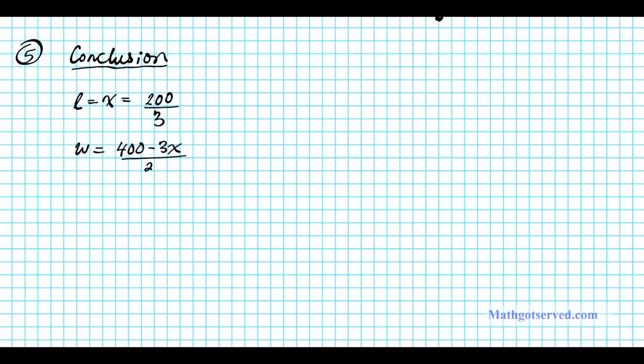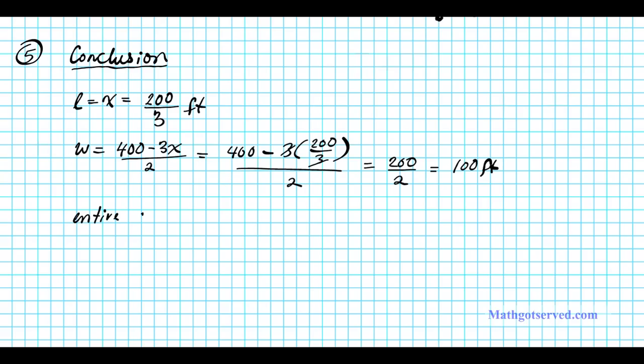So we plug in this x value: 400 minus 3 times 200 over 3, over 2. So this cancels out. We'll have 400 minus 200, which is 200 over 2, which is 100 feet. So that's the entire width of the fence.